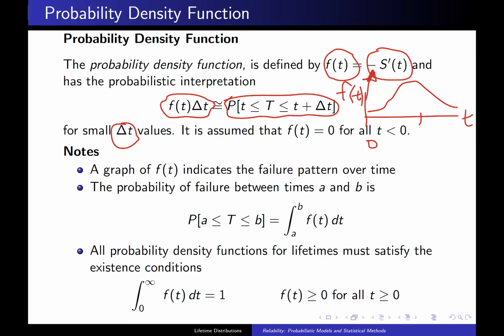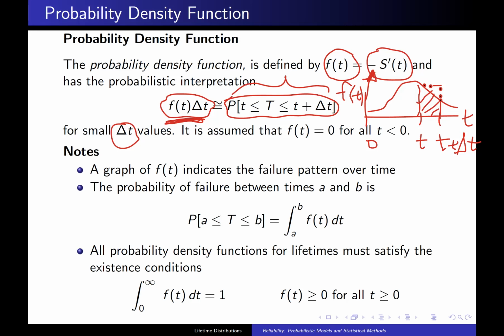If you have one time here, which we'll call t, and another time that's pretty close by, t plus delta t, because we're assuming that delta t is small, then you know that the exact value of the probability of falling between t and t plus delta t is just the area underneath the curve. But that's also close to f of t times delta t because that is this rectangular region right here.